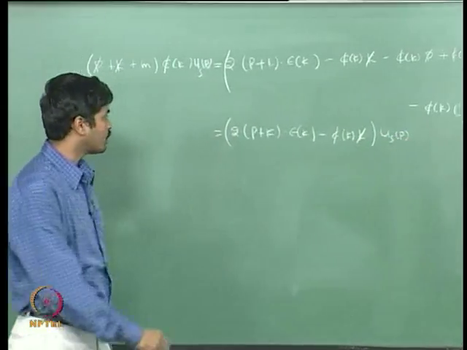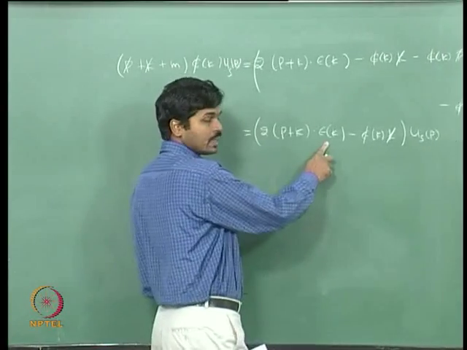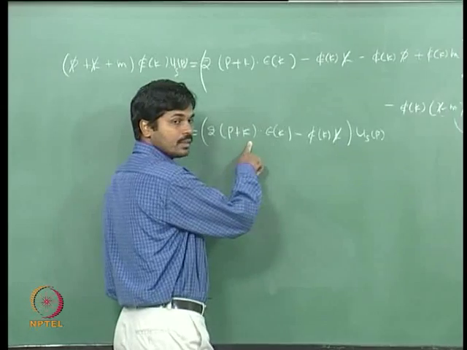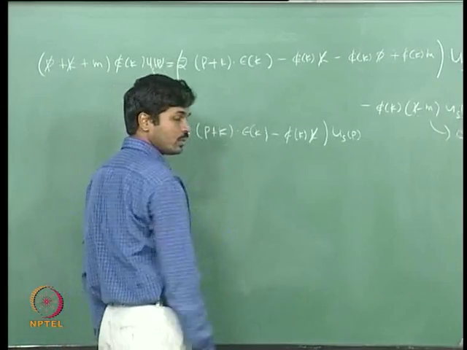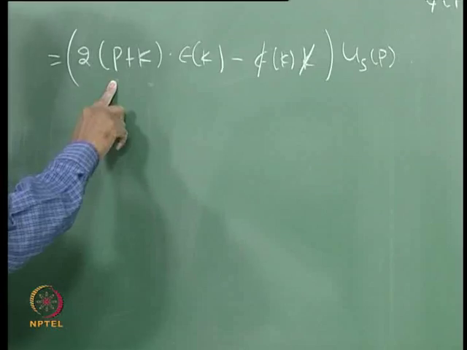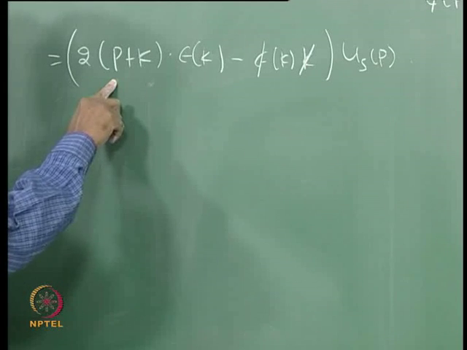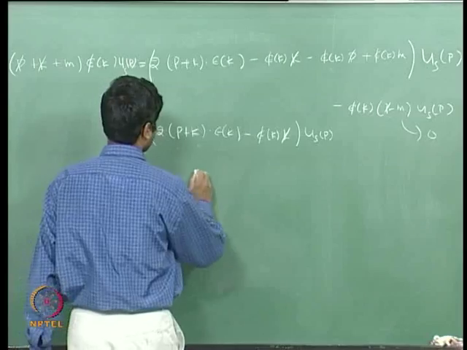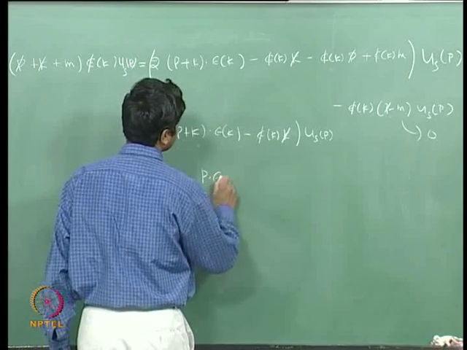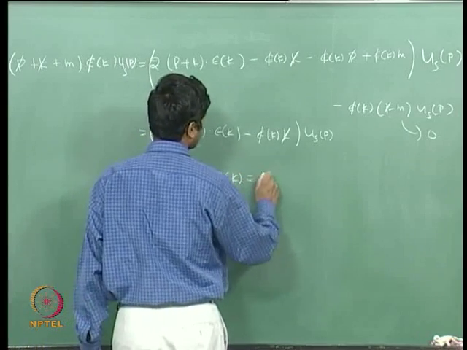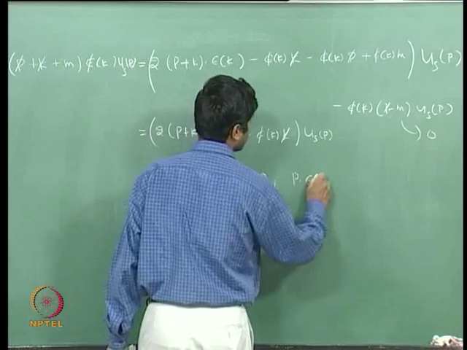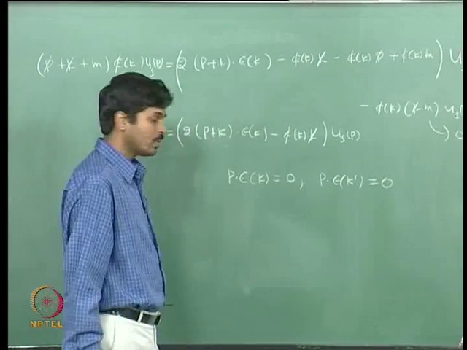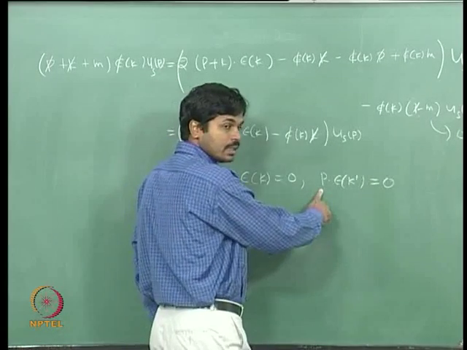We will further assume that this epsilon of k is a transverse polarization, therefore, it will be orthogonal to k, and also we have already chosen the time direction along p, therefore, p will again be orthogonal to epsilon. So, therefore, p dot epsilon k equal to 0, p dot epsilon k prime equal to 0, because p is along the time direction.